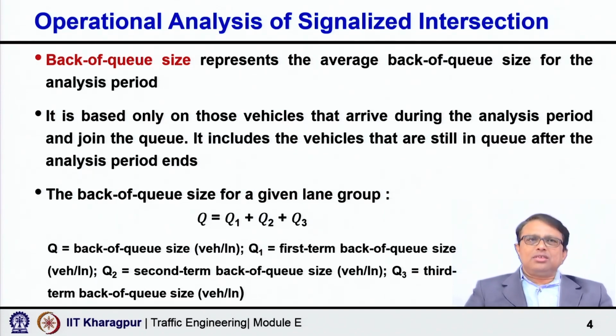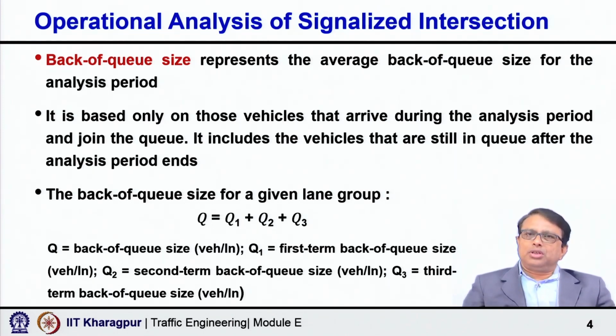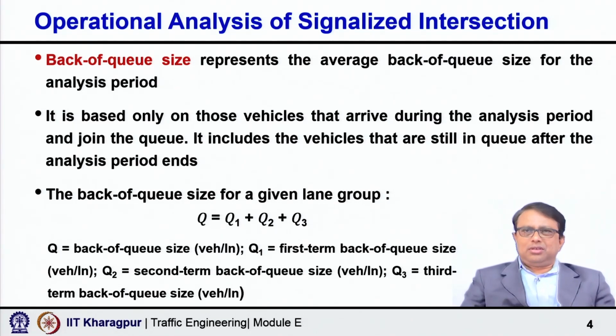Now, back of queue size is based on those vehicles which arrive at the intersection during the analysis period, and of course, it also includes the vehicles that are still in the queue after the analysis period ends, because until all the vehicles which have arrived at the intersection during the analysis period are cleared, we have to continue the process.